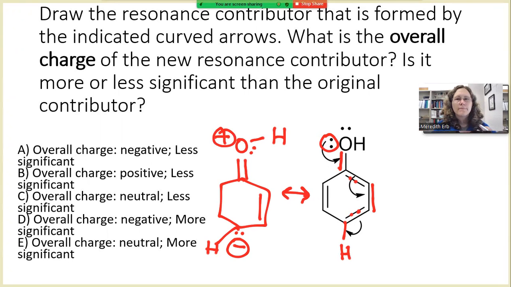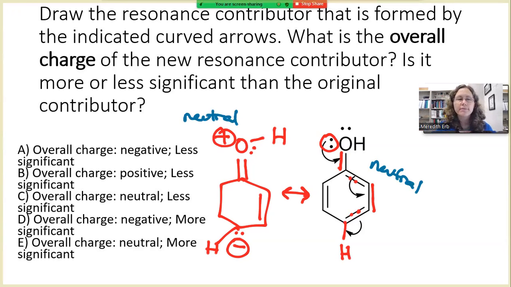So our first question is, what is the overall charge of the new resonance contributor? Due to the rules for resonance, we could have answered that question ahead of time without even having to draw the resonance contributor. The overall charge of the molecule will always stay the same. Our starting molecule was neutral, so we should have known right away that this resonance contributor would also have to be overall neutral.